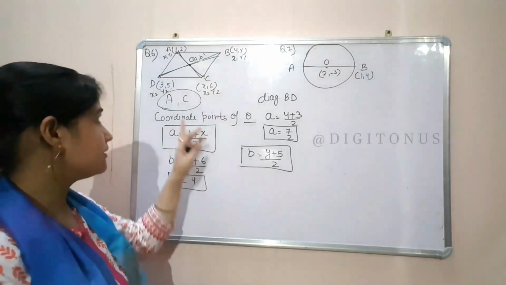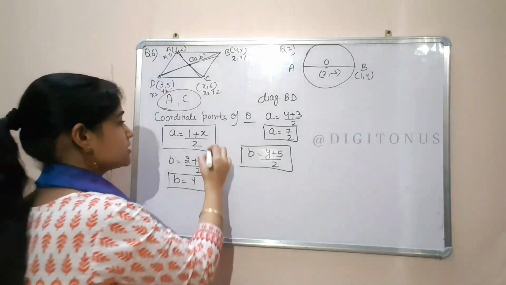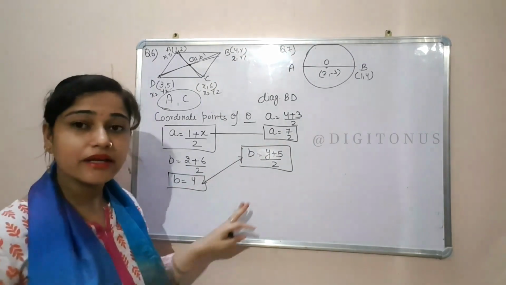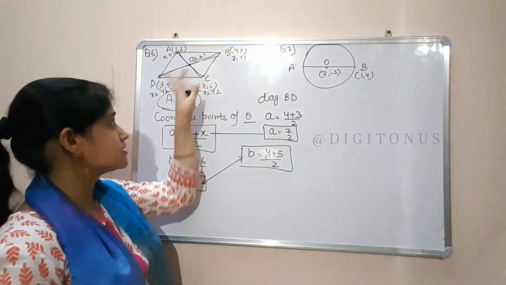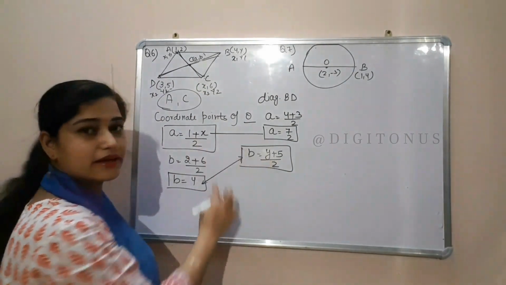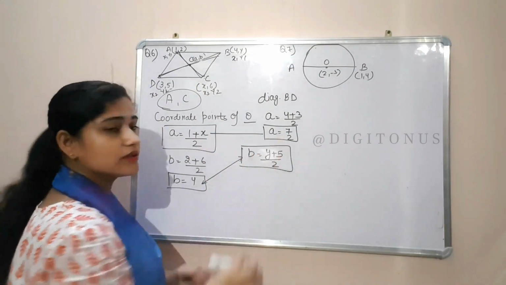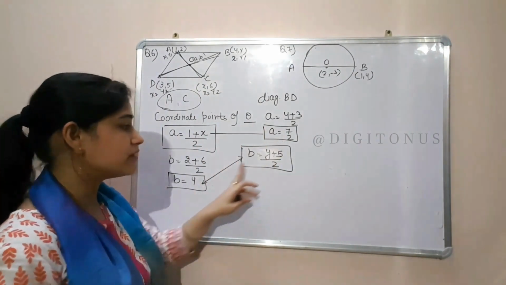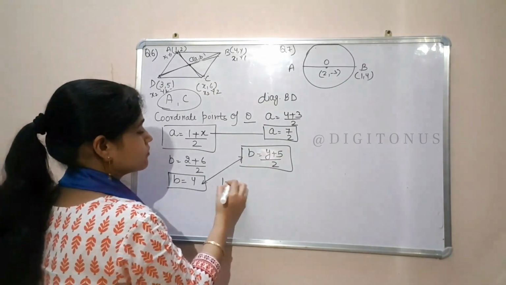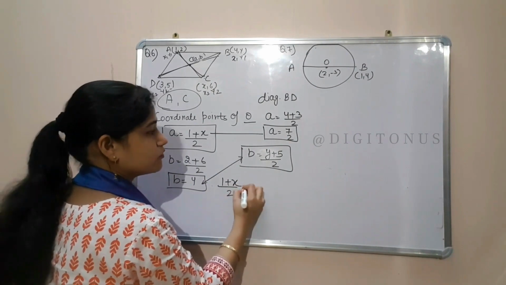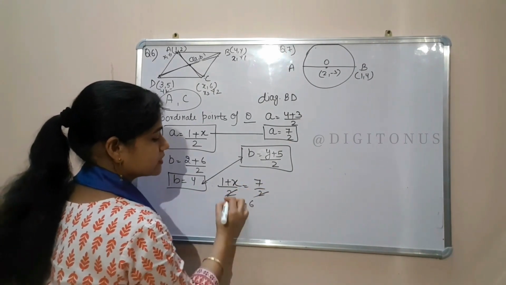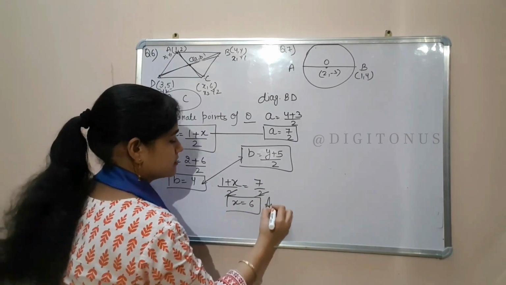And I told you that in both conditions the coordinate points will be equal because this is the midpoint of both diagonals. So we can compare this A value with this value and this B value with this value. First we compare A. So 1 plus x upon 2 will be equal to 7 upon 2. It means x value is 6. Answer.